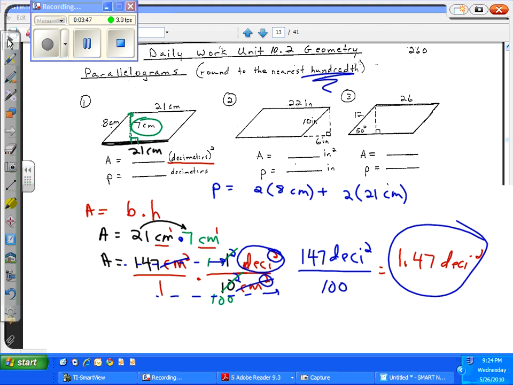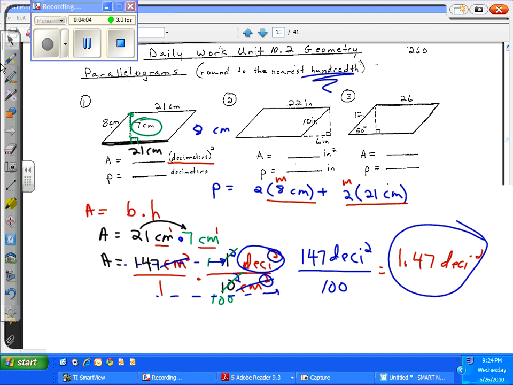You got 2 lengths that are equal and 2 widths that are equal. Opposite sides are equal, so that was also 8 centimeters, you see. So we're going to do the multiplication to simplify.